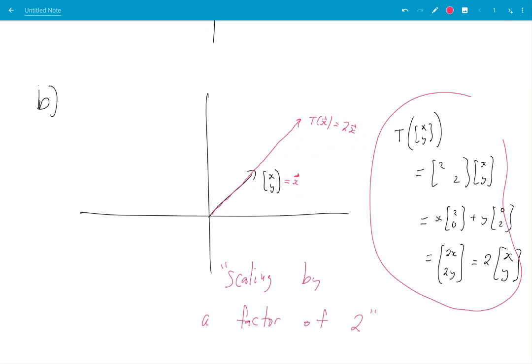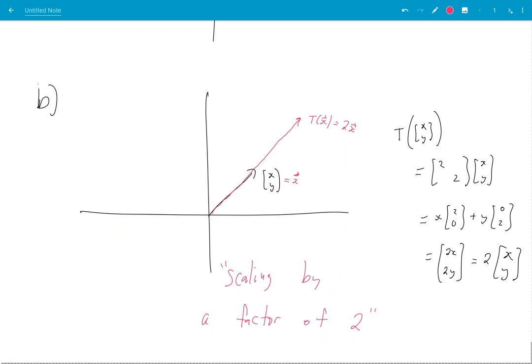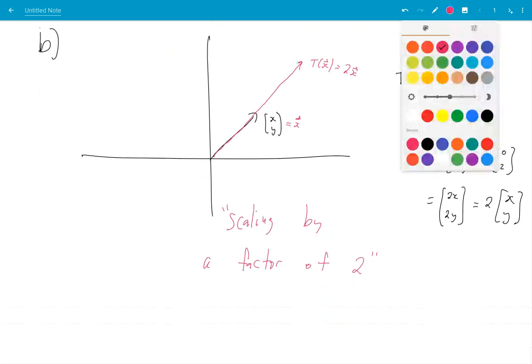Okay, all these calculations remind me that I've forgotten to teach you something. Uh-oh. So this goes back to 11.4, what I'm about to say.